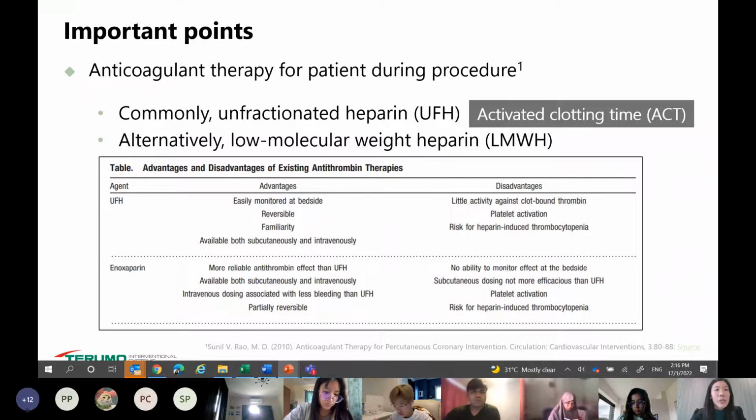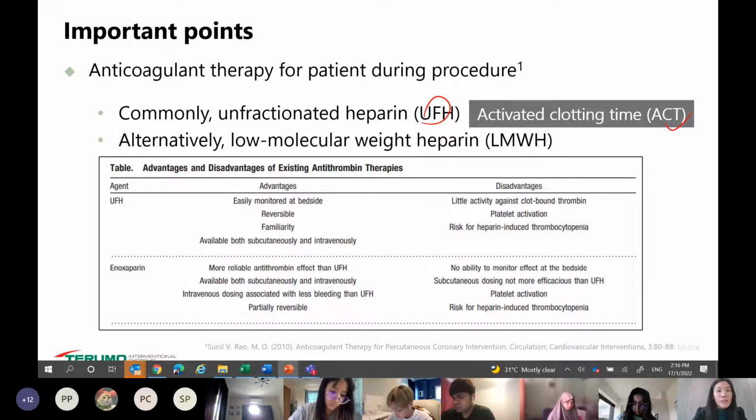But one thing about anticoagulant is that it is actually required during the procedure because devices will be inserted into the vessel. So we do not want the blood to start clotting around our devices or in the vessel too quickly. Generally, patients will be given something called UFH, unfractionated heparin, and doctors will use what is called the activated clotting time to measure and maintain this effect.